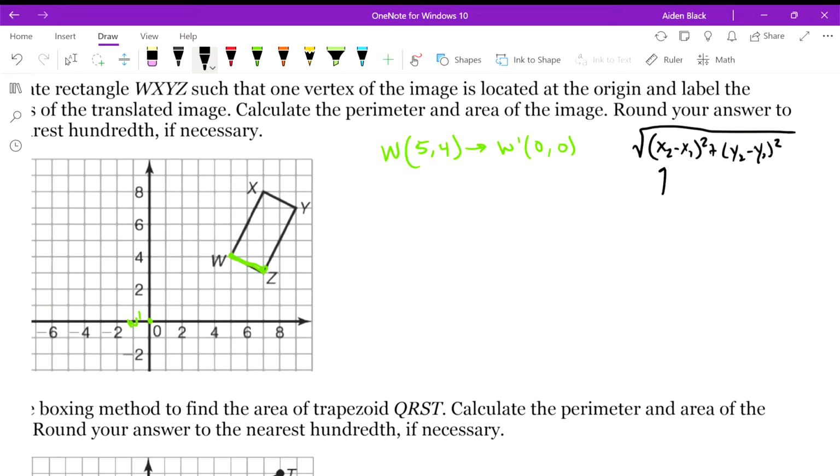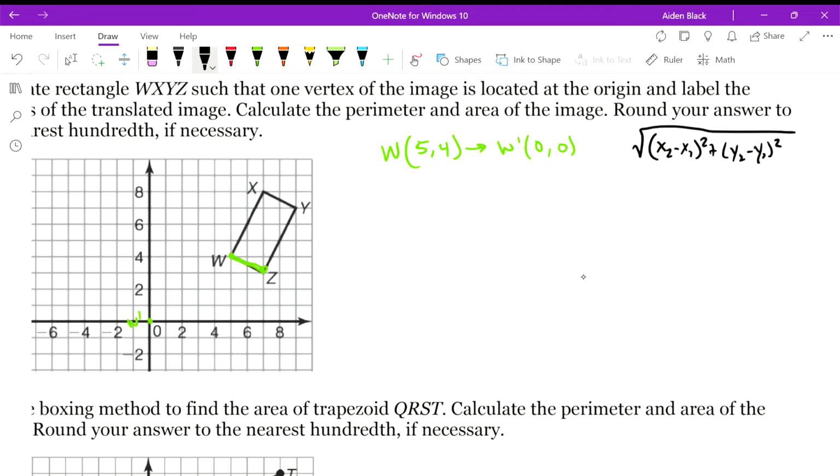Because the input here at x1 and y1 would be 0, 0, which would mean all we're really looking at is the coordinate of the other point. I'll show you for example.